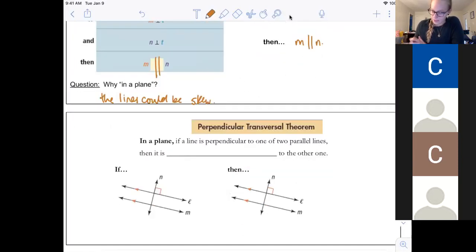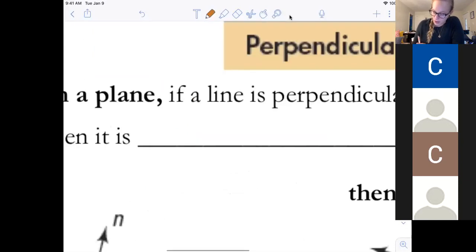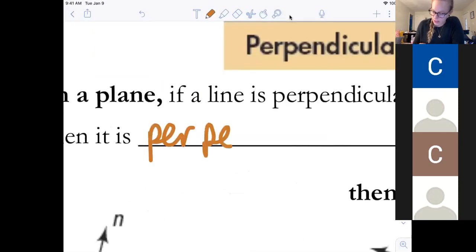All right, and then the last one's the perpendicular transversal theorem. It says in a plane, if a line is perpendicular to one of 2 parallel lines, then it is also perpendicular to the other line.